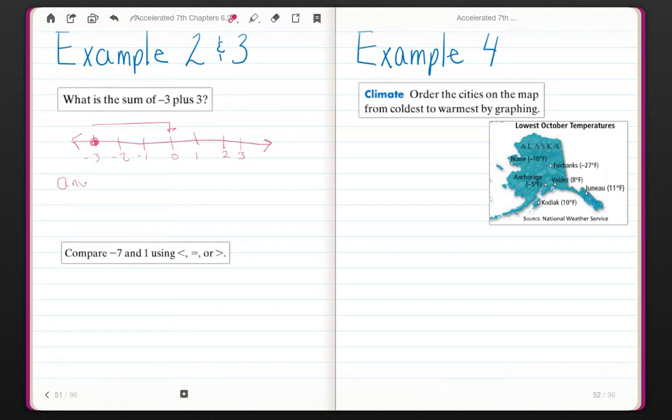So any number plus its opposite is 0. They are called additive inverses, which I believe we will learn the technical term for in a couple of chapters, but I'll tell it to you now.